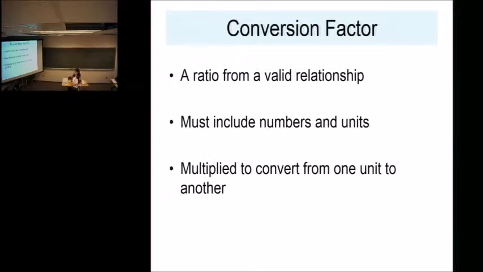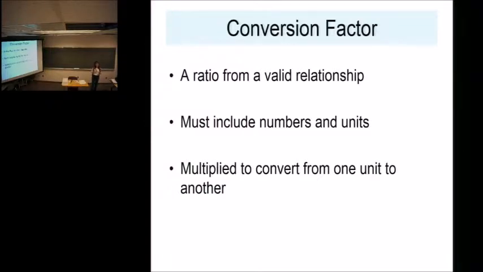What is it? It's a ratio of one number and unit to another number and unit. Now, conversion factors have to have the number. And can we forget the units? No, we have to have numbers and units.